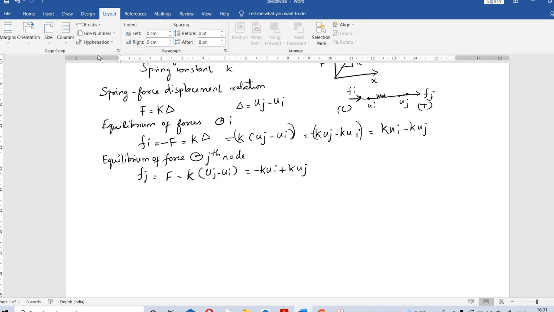If you write this equilibrium of forces in matrix form, this is the K matrix, next the U vector, and finally we obtain the force vector.